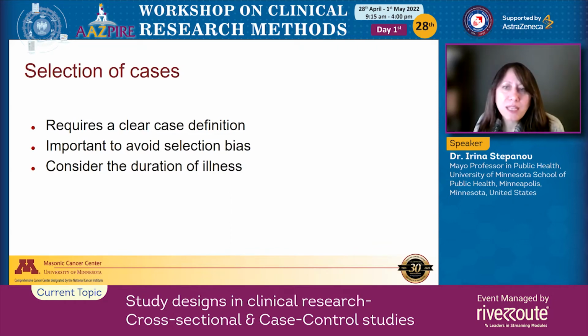You also, again, similar to cross-sectional study, you need to take care in how you select cases, so there is no bias in how they are selected. Again, just general hypothetical example.